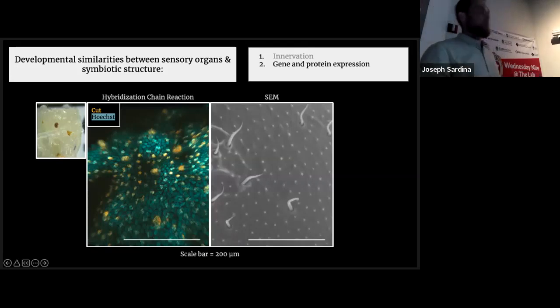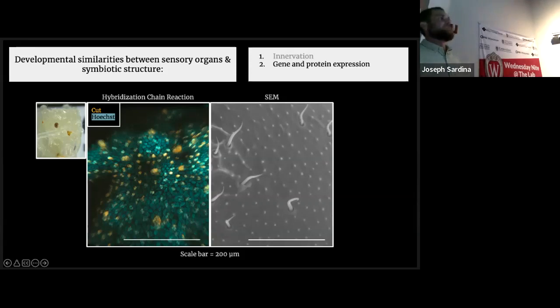And the abundance of these larger regions of cut expression pretty closely resembles the abundance of the sensory hairs on the ant's head.